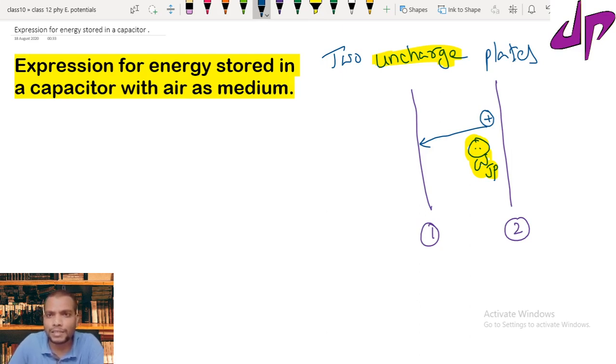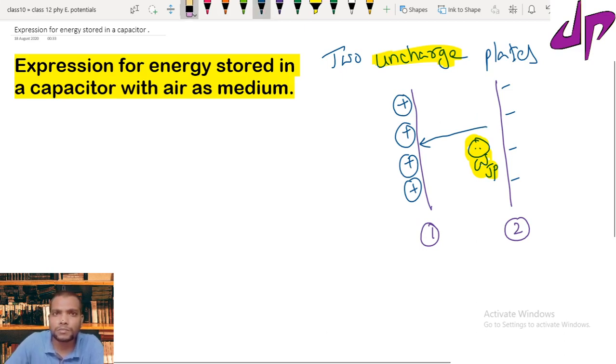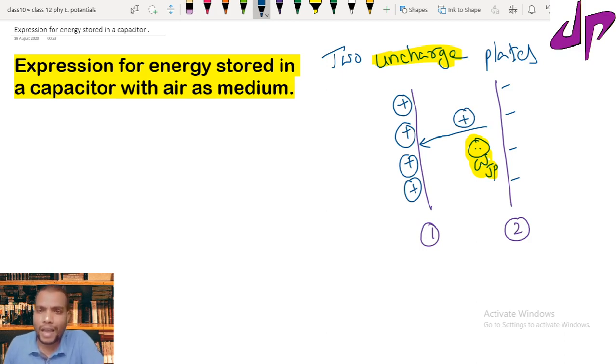In that case, plate 1 will acquire positive charge and plate 2 will acquire negative charge, because when you take positive charge out of it, it becomes negative. So let me show plate 2 as minus q dash and plate 1 as plus q dash.